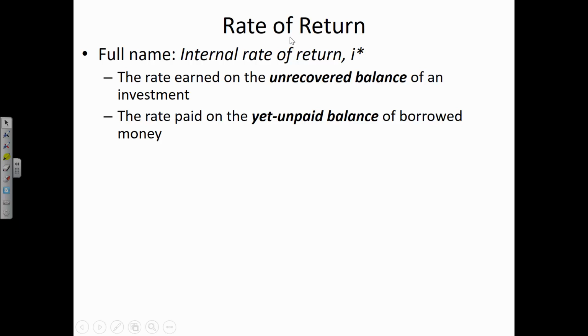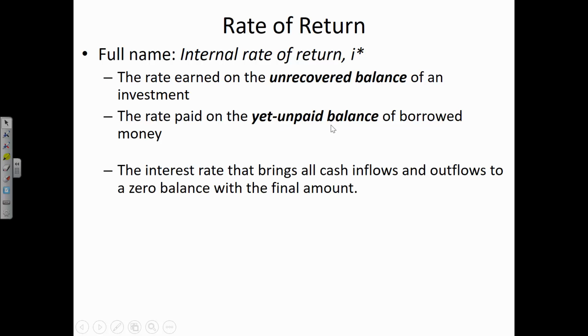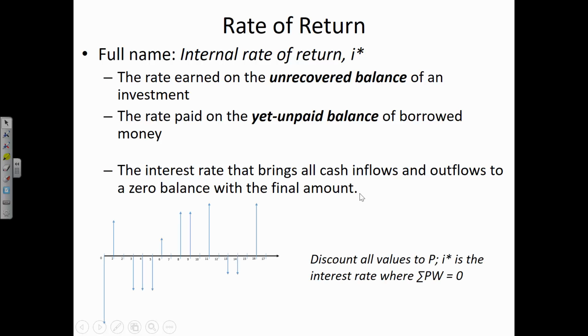So I already mentioned that one of the ways we can think about it is it's the interest rate that brings everything into equilibrium. So another way to describe it is it's the rate that you're earning on the unrecovered balance, or the rate that's being paid on the yet unpaid balance. It brings everything into equilibrium with a zero balance in the final period.